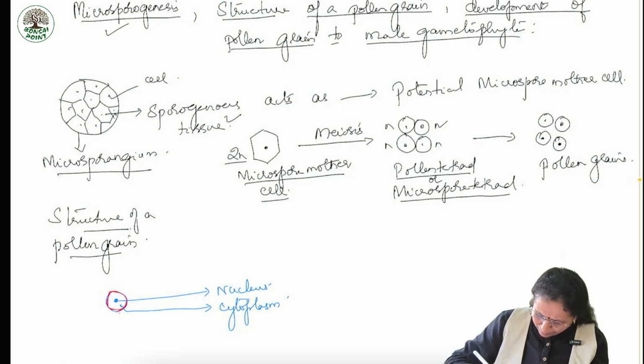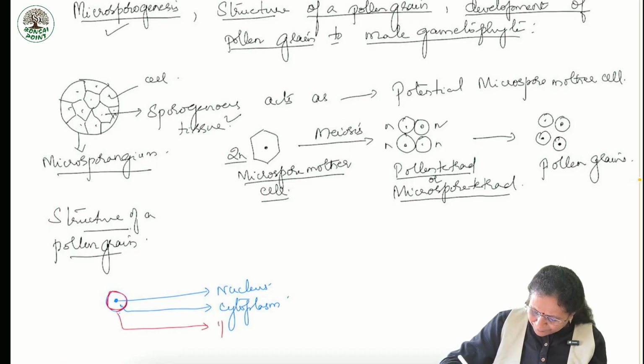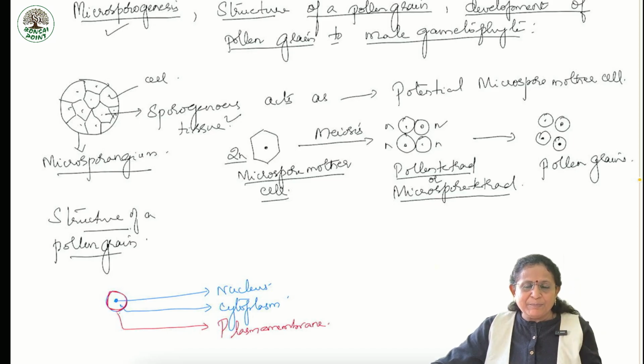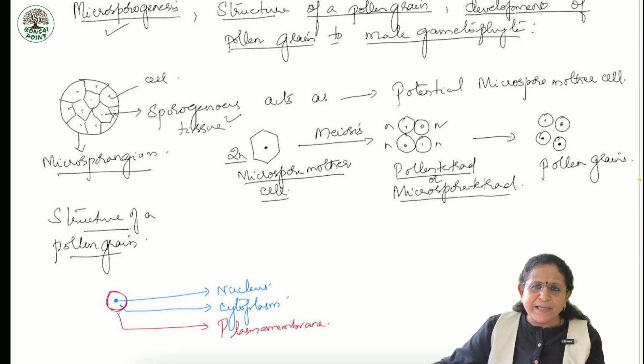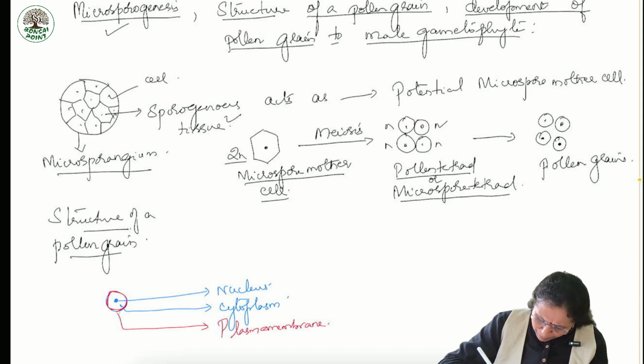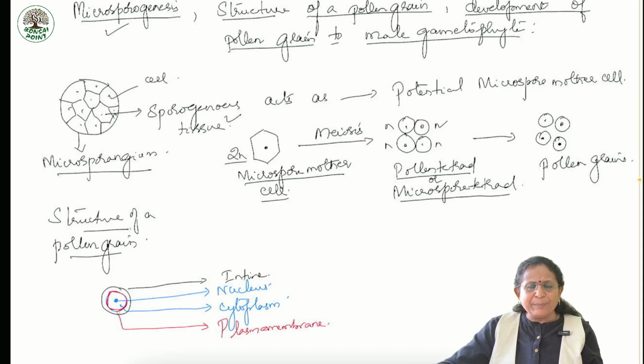So this is the plasma membrane. This plasma membrane is surrounded by 2 layers or 2 walls. The first layer that is close to the plasma membrane is smooth and it is called intine. It is made of cellulose and pectin.